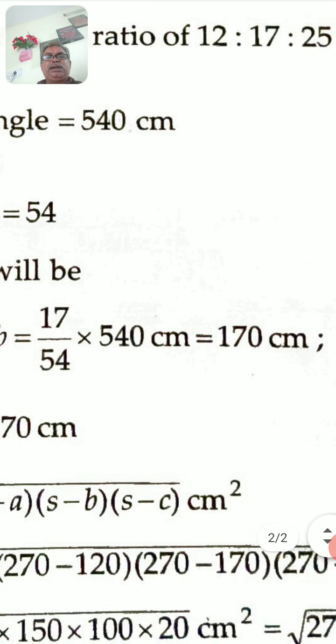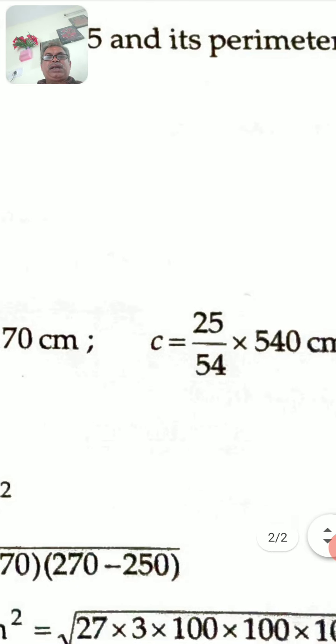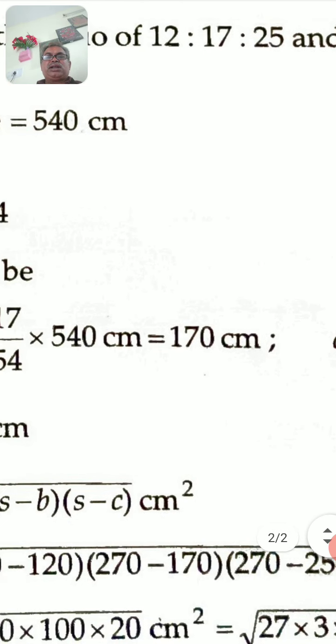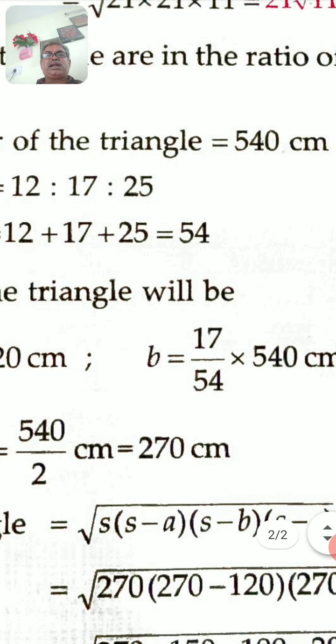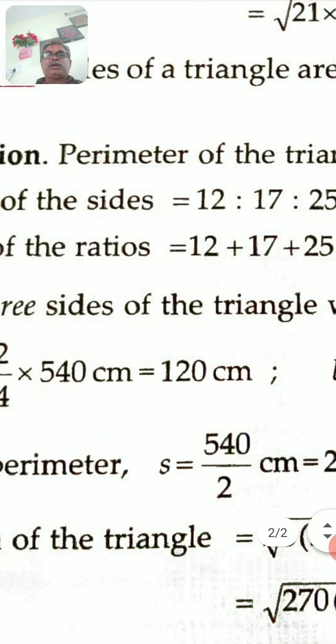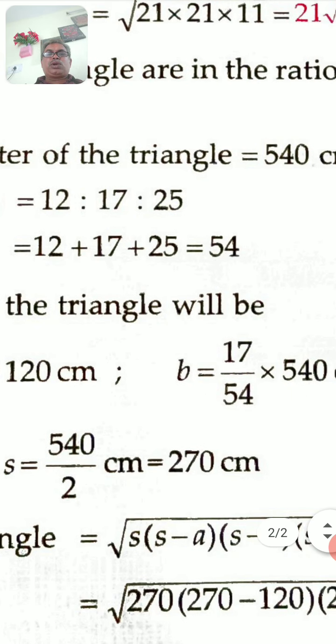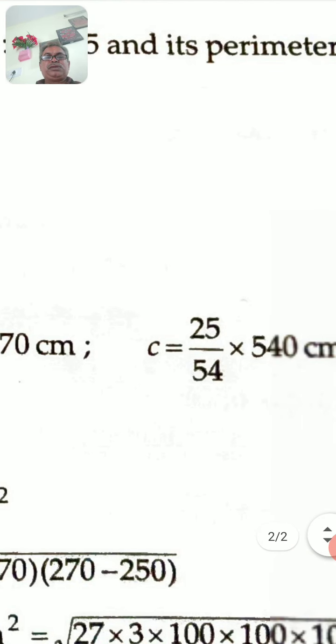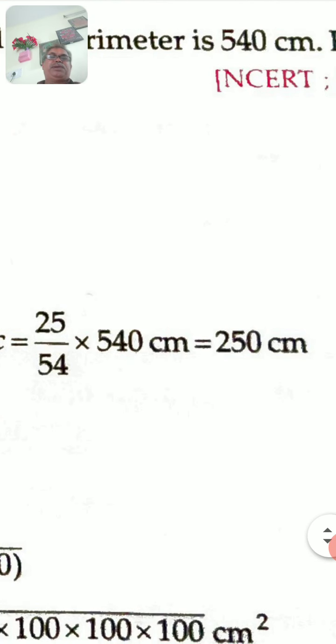So you will get 170 centimeter. And C, the third side, the ratio is 25. The total sum of the ratios is 54. So 25 by 54 into 540, we will get 250 centimeter. So in this way we can get the three sides using this ratio.